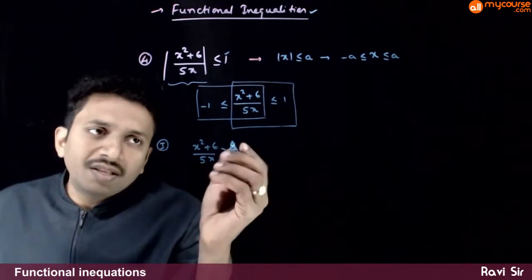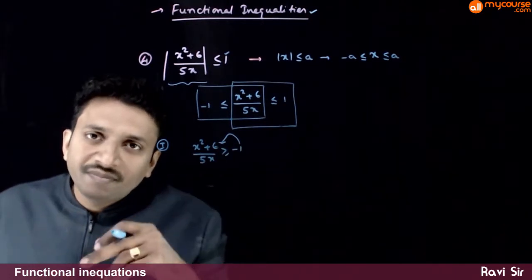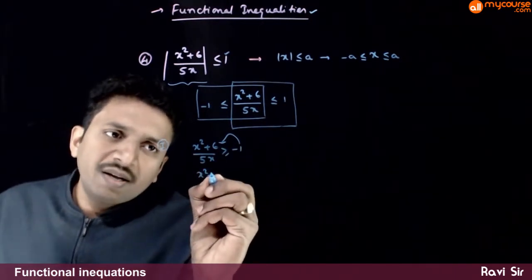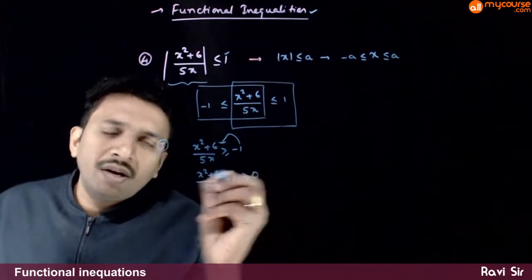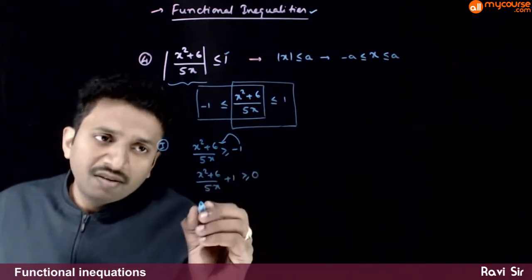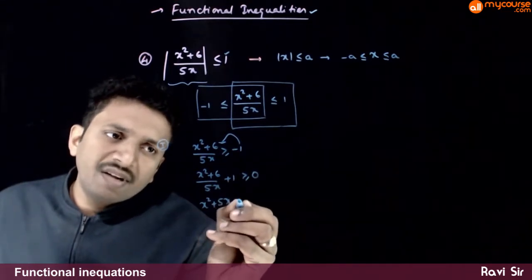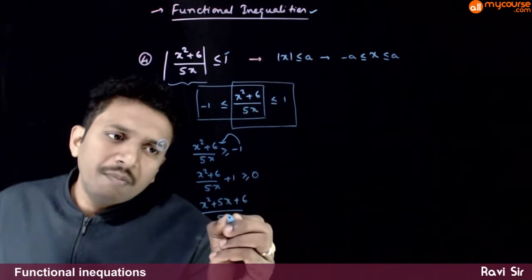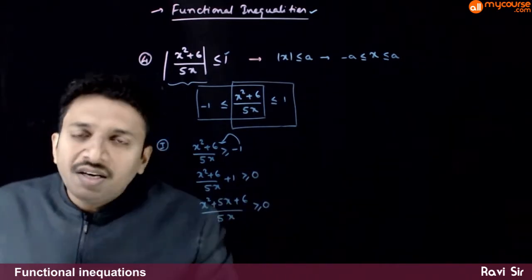So now how do we solve this? We bring this minus 1 onto this side. We don't cross multiply. So x square plus 6 by 5x plus 1 greater than or equal to 0. If I take LCM, (x square plus 5x plus 6) by 5x greater than or equal to 0. This became a rational inequality.